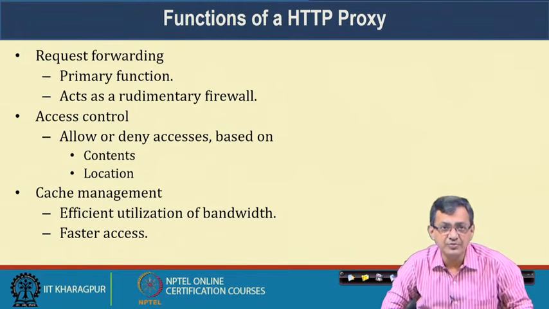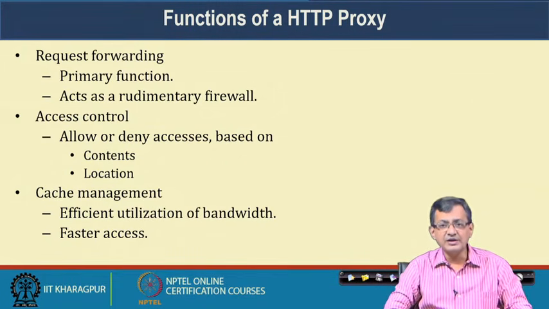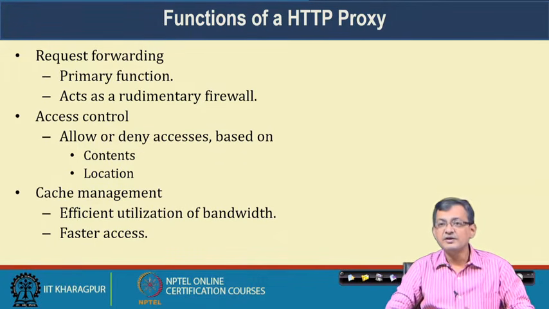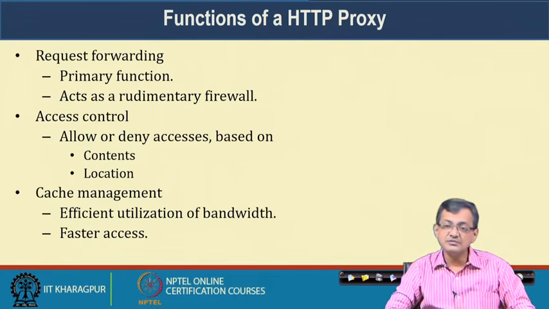So, the function of an HTTP proxy: request forwarding. Its primary function is to act as a rudimentary firewall, taking care of what can be filtered. Access control: allow or deny accesses based on contents and locations, right.